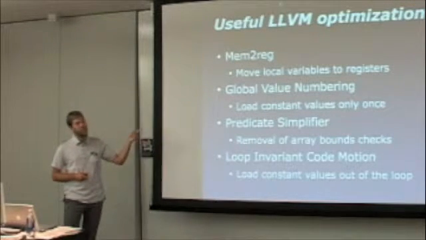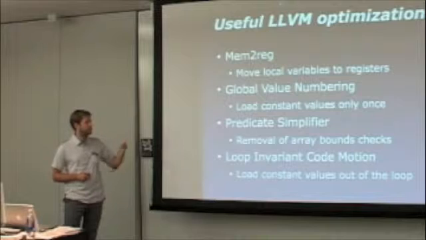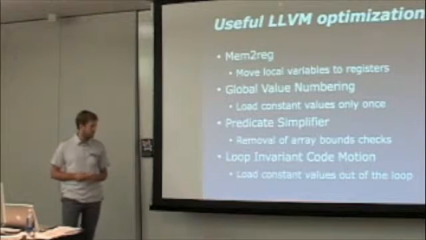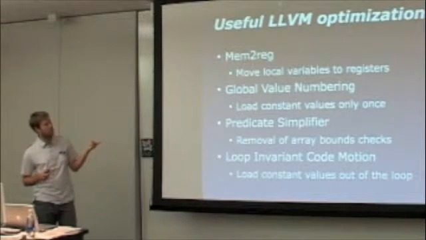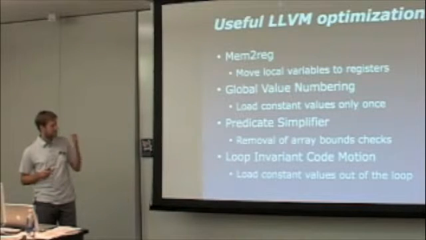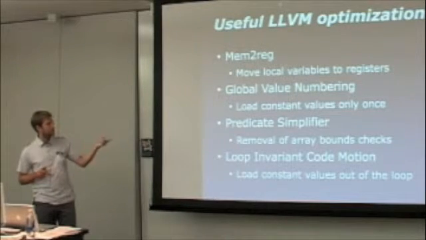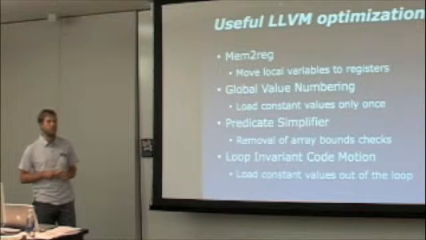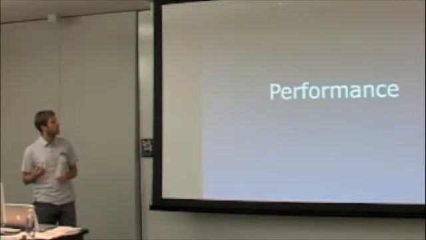So predicate simplifier really helps a lot in removing these array bounds checks. And finally, just to thank Chris another time, the loop invariant code motion pass will move constant values out of a loop, and for Java code, that's great.